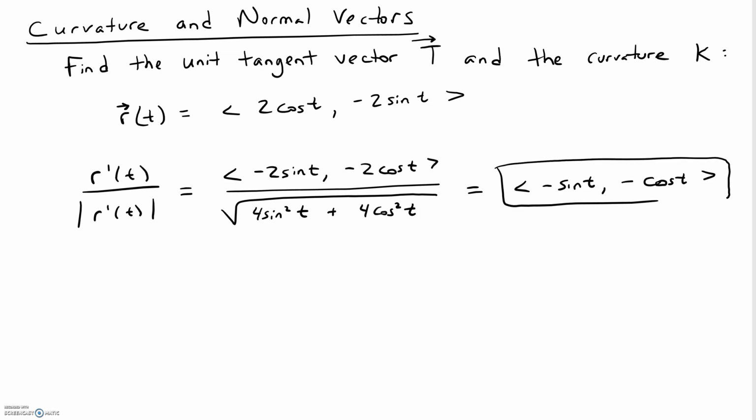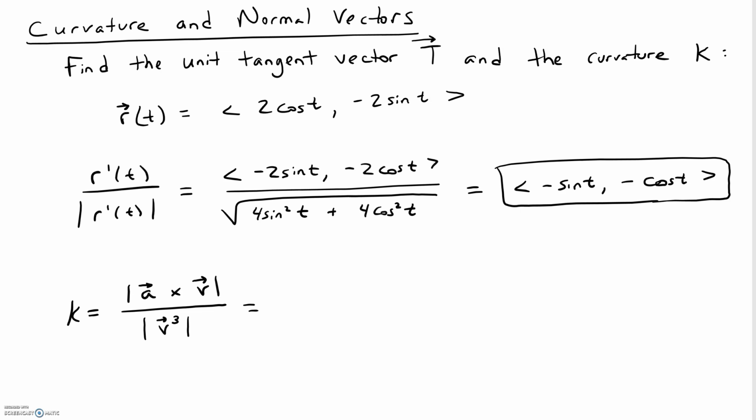All right, and then the second thing we were going to look at was the curvature. It might be helpful to recall the formula. So curvature is the magnitude of the cross product of the acceleration vector crossed with the velocity vector, over the velocity vector cubed, its magnitude.